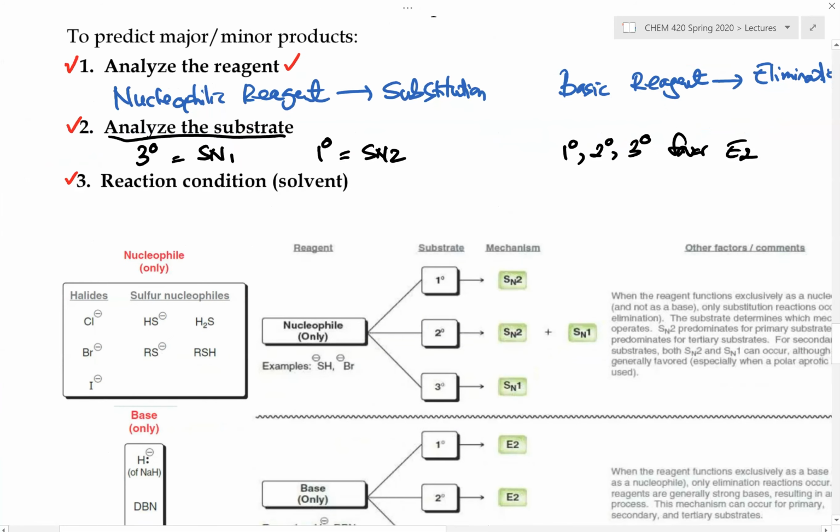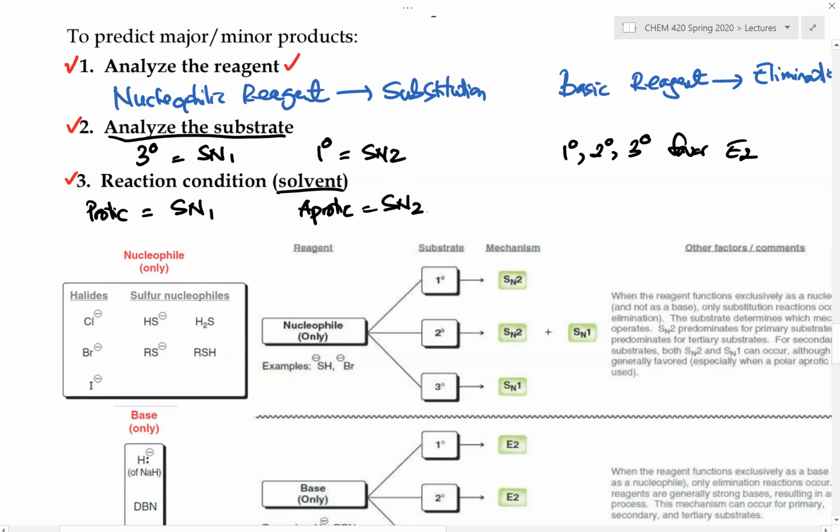And now, for the next factor, the reaction condition. This is basically the solvent or the other conditions, such as whether we heat or we cool the reaction. And we have seen already that if the reaction were to undergo a substitution reaction, a protic solvent would then favor SN1 versus an aprotic solvent would then favor SN2.